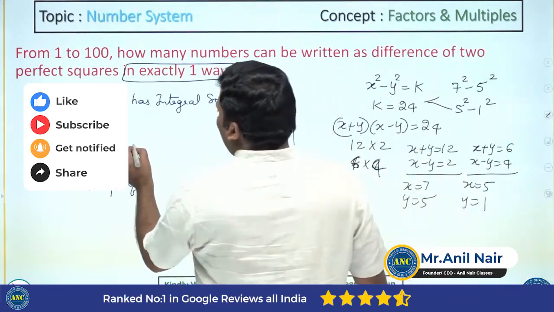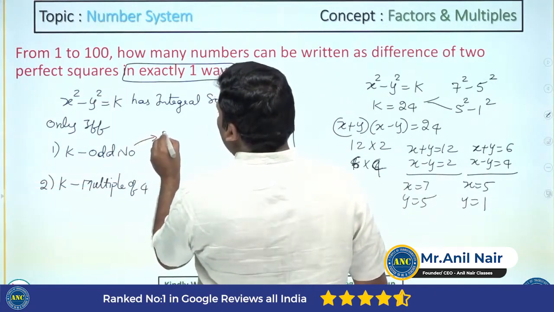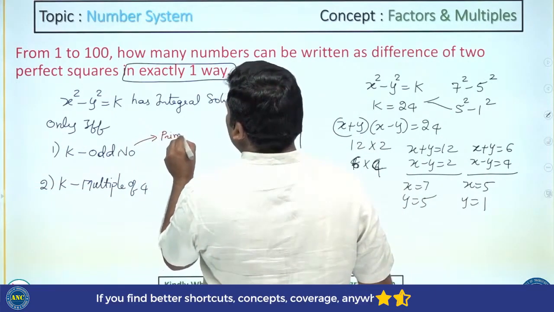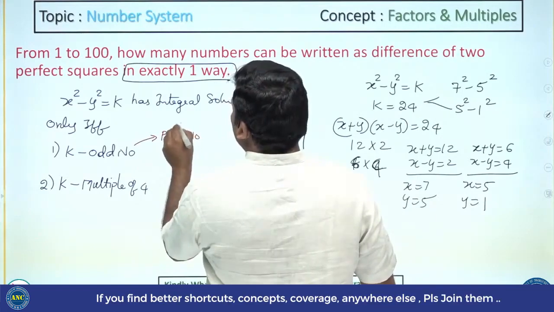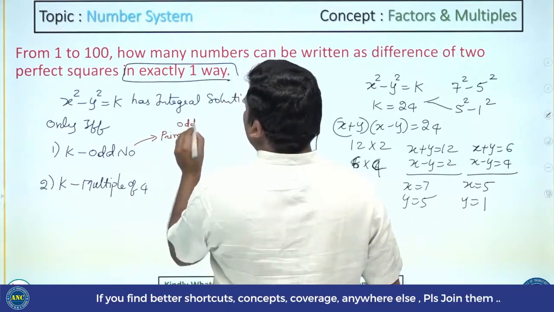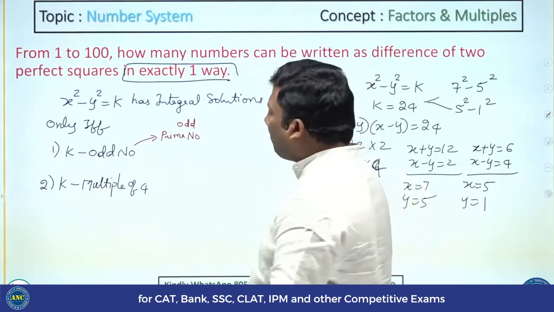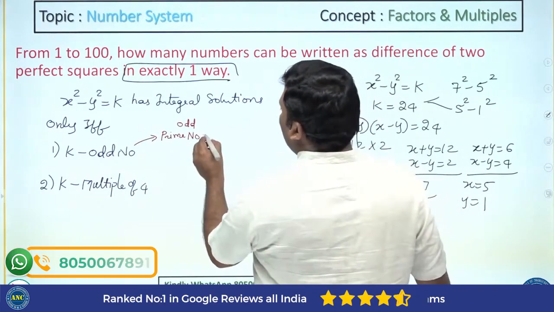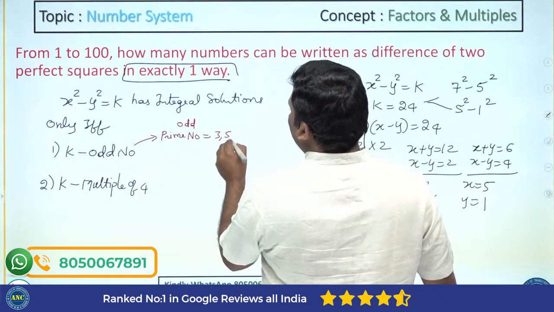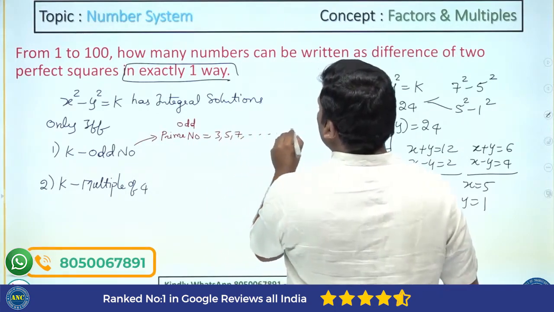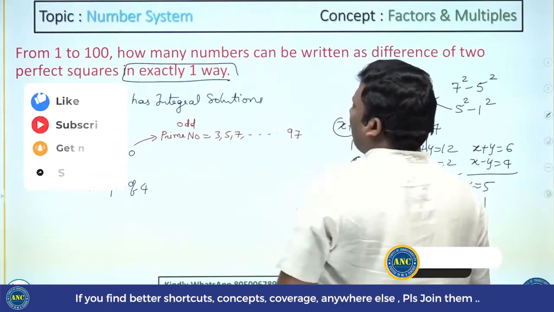Let me see what will happen if the odd number is an odd prime number, 3, 5, 7 and so on up to 97.